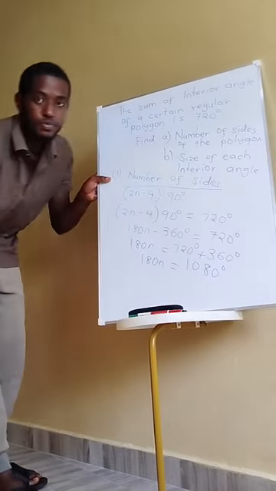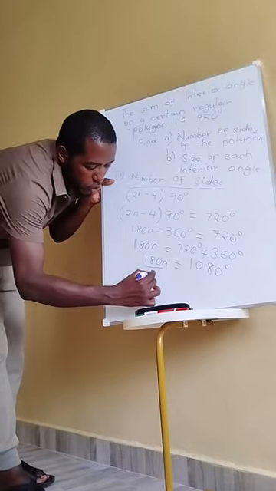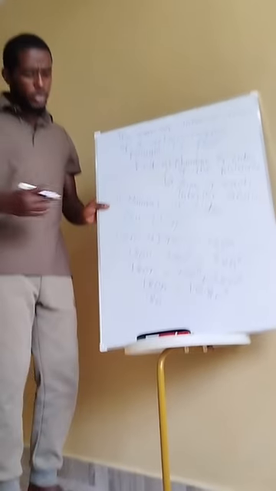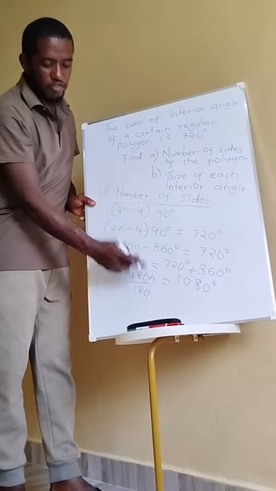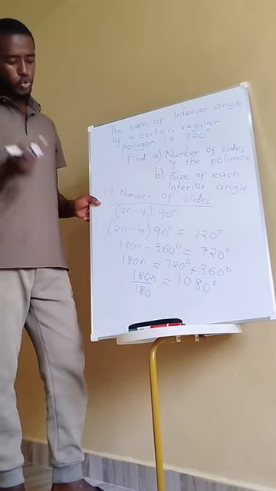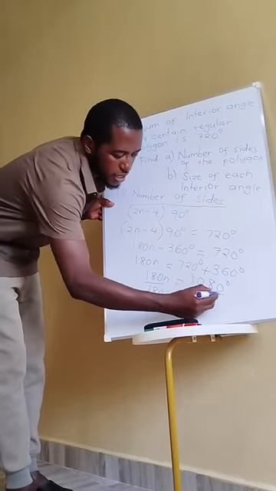That one will give you 1080 degrees. So the next step is we divide both sides by the coefficient of n, which is 180. Because when you are solving an algebraic equation, we want to know the value of the unknown. The unknown here is n. So you should remain with 1n here. So I divide both sides by 180.